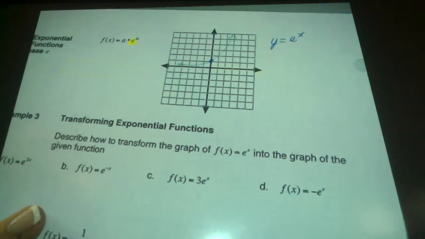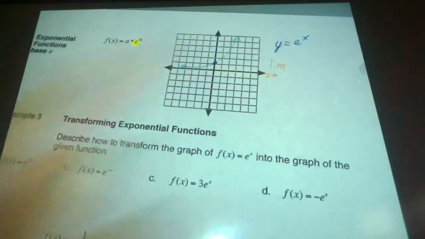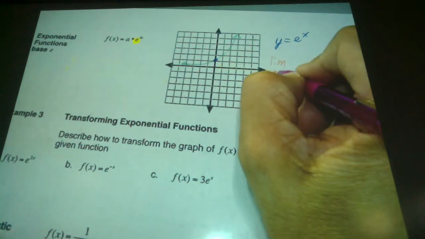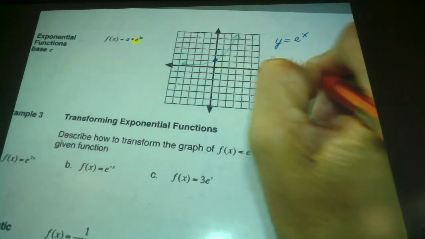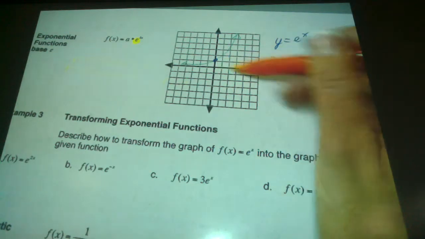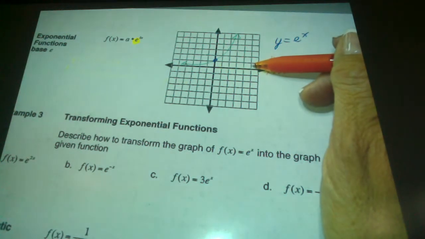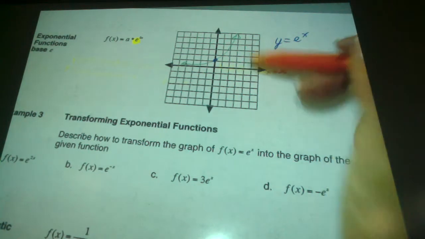It goes to the right. So what is the limit as x approaches positive infinity? And we're going to call this f of x. What's happened to y? It's going up, isn't it? So what is that? Positive infinity.